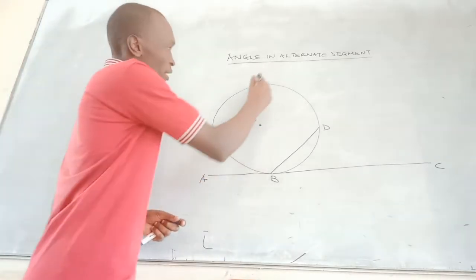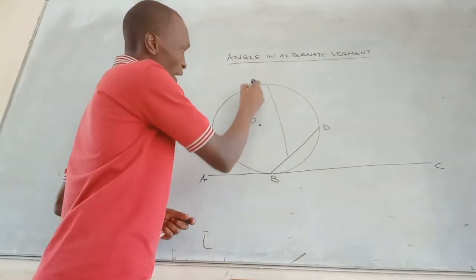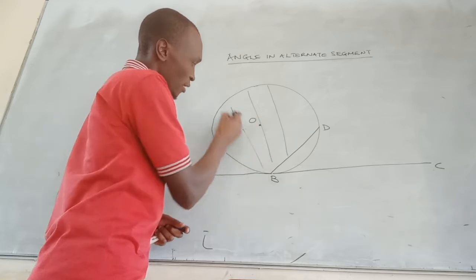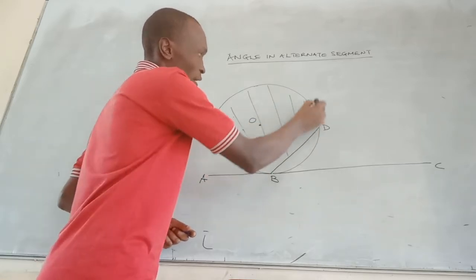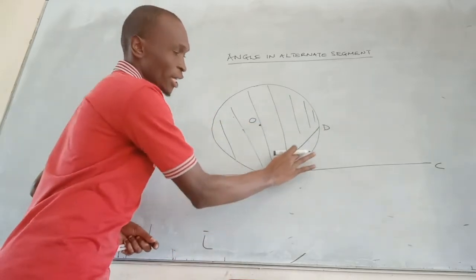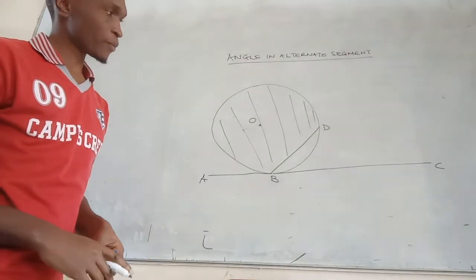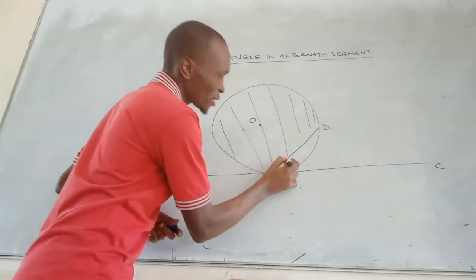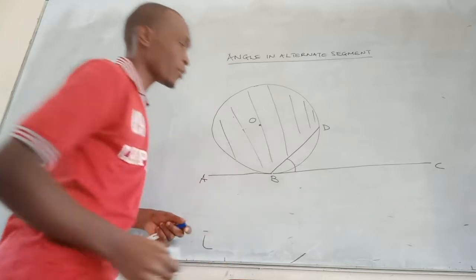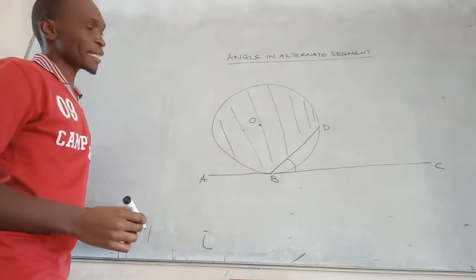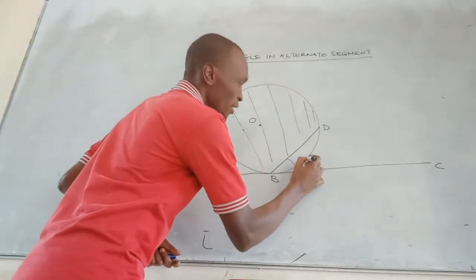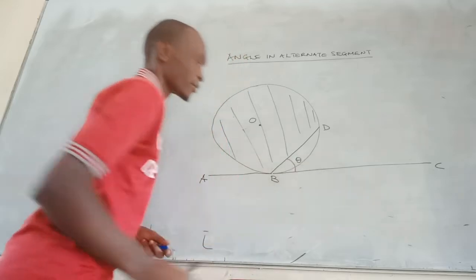We have the first segment, which I can shade like this, and we have the unshaded segment. So this chord forms an angle with the tangent. Let me call this angle theta.